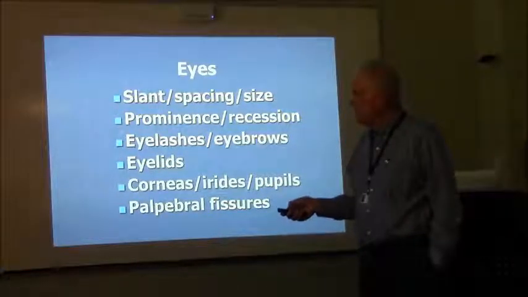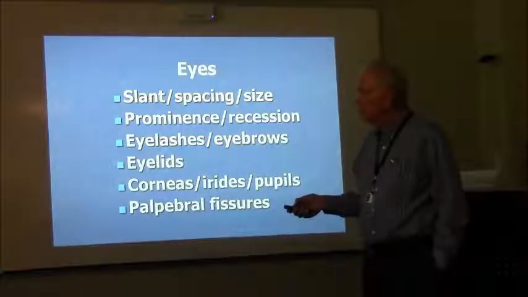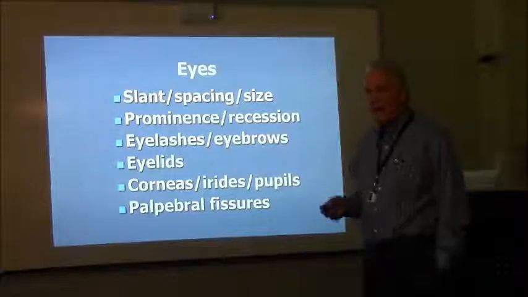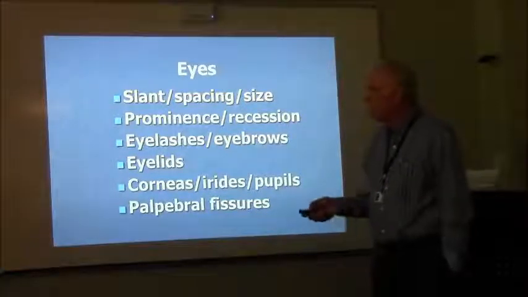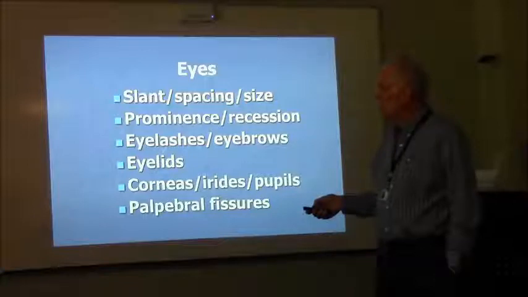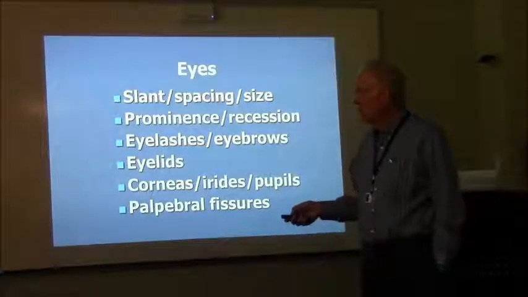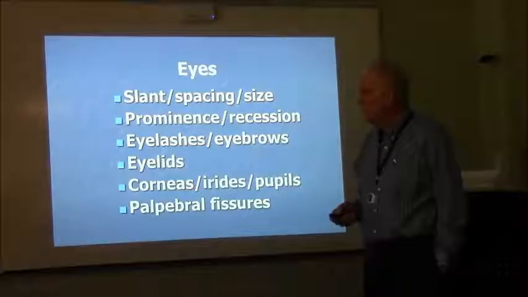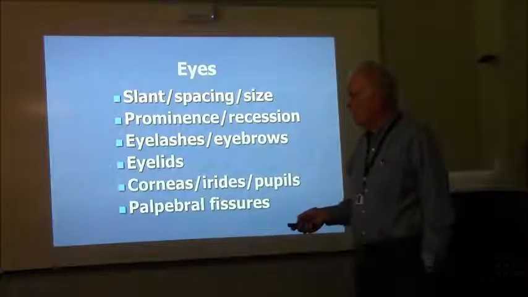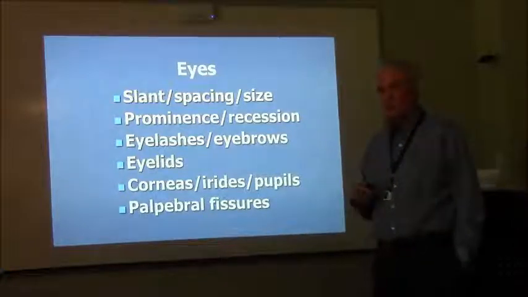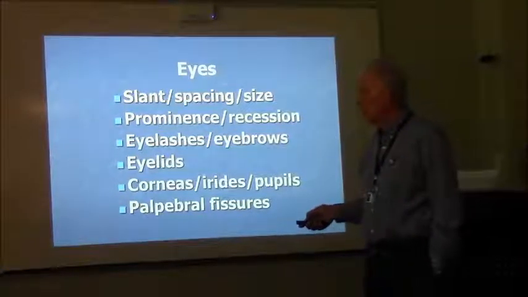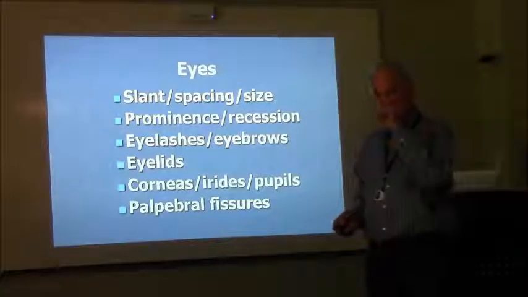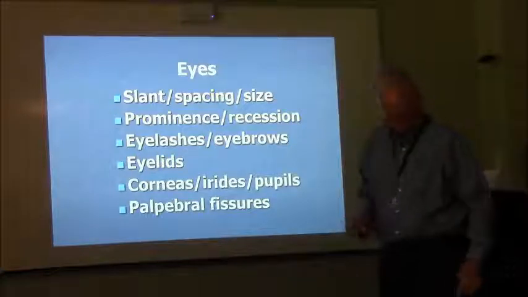We're interested in the slant of the eyes, upward or downward, the spacing, the distance between the pupils, the size of the eyes as measured by the cornea, and the prominence and recession of the eyes when present, and what the eyelashes and eyebrows look like, including the eyelids. We're interested in the external portions of the eyes for the purpose of this talk, which would include corneas, irides, and pupils. And then the palpebral fissures, the distance from the medial corner of the eye to the lateral corner.